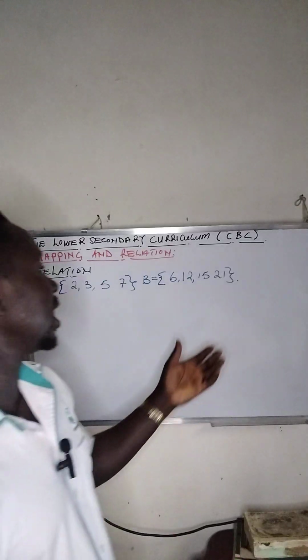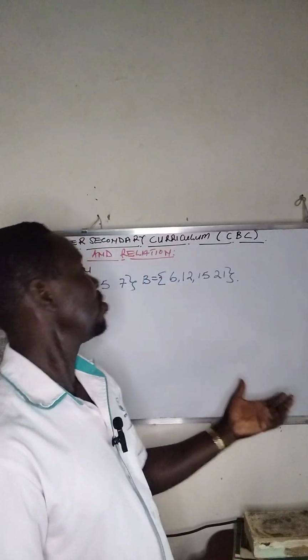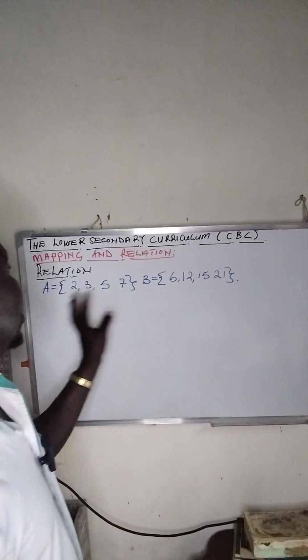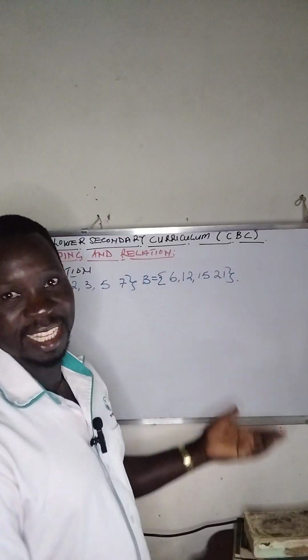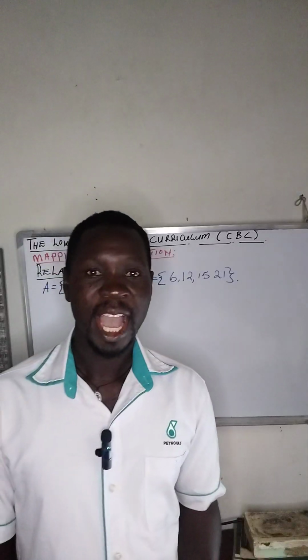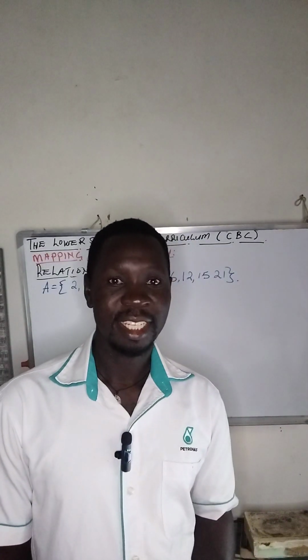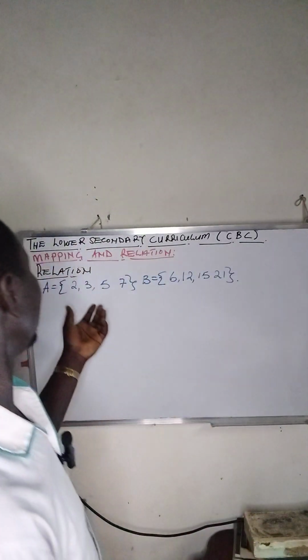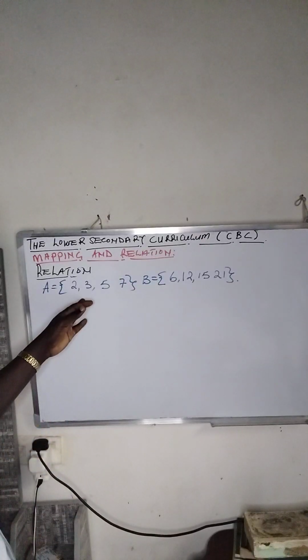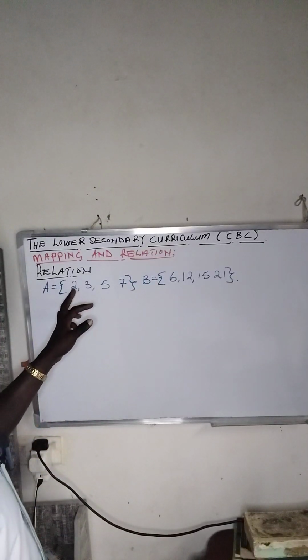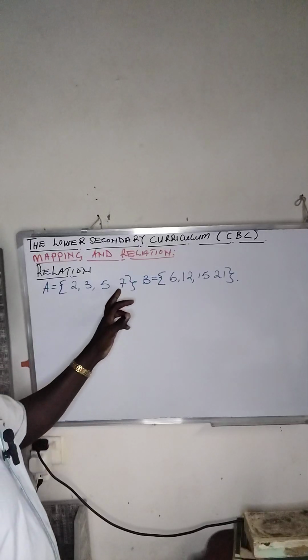We needed to look at the relations: how set A is related to set B, and we need to identify this arrangement. For example, we are having set A, which is having members 2, 3, 5, and 7.